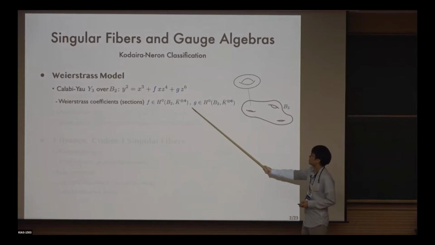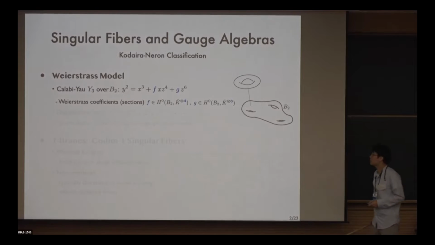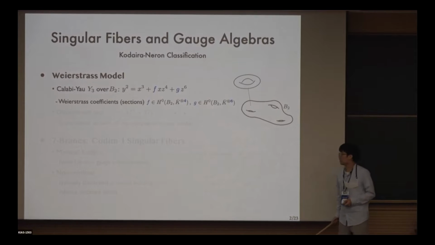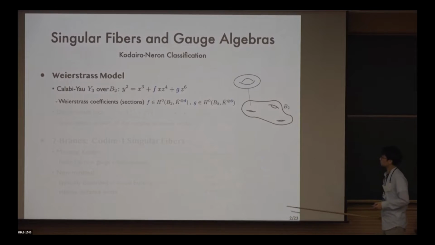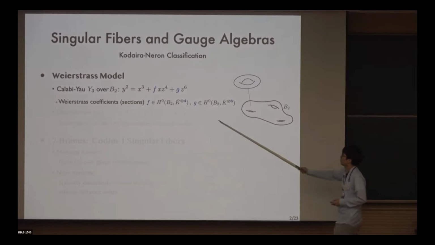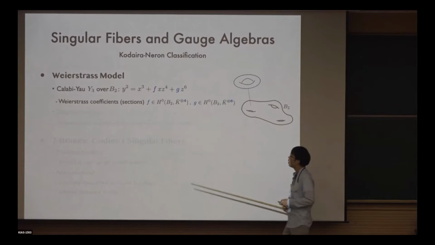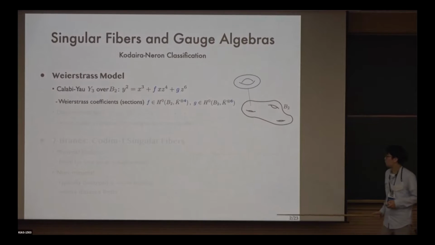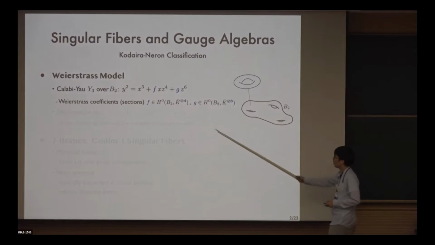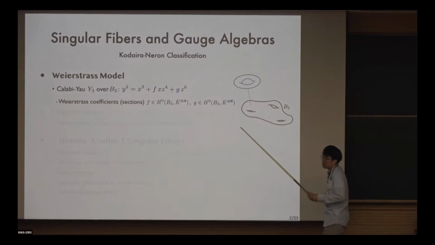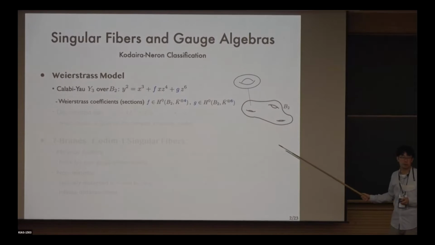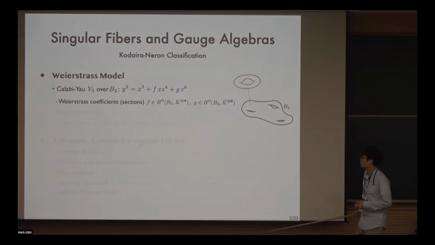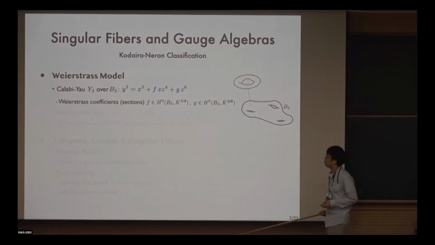Here, x, y, and z are the homogeneous coordinates of the fiber ambient space in which the elliptic curve is embedded via this equation. And the coefficients, the blue coefficients f and g here, are sections of 4 and 6 times the anti-canonical bundle K bar of B2, thereby describing how these elliptic curves are fibered over B2 to form a Calabi-Yau Y3.